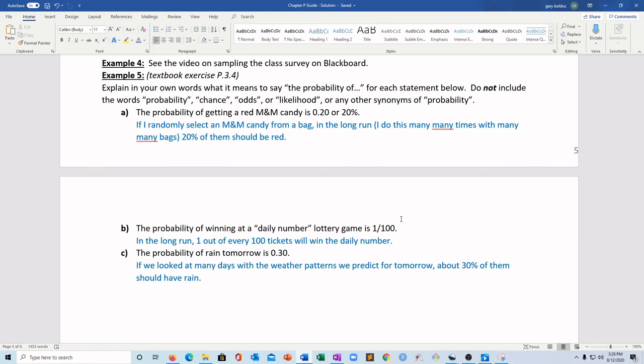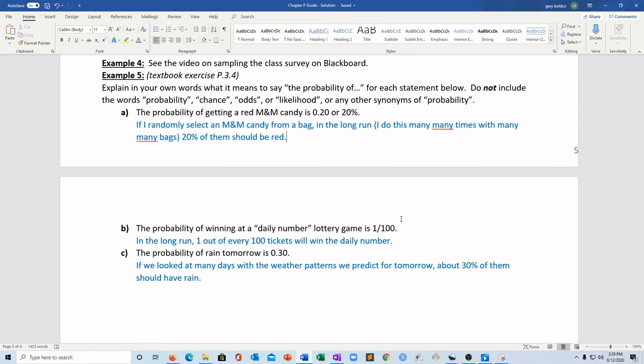That is a fine interpretation of what this sentence means. But if we're speaking strictly in terms of probability, what your probability of winning being 1 out of 100 means is that if I bought many tickets, if I bought millions of these tickets, I would expect that 1 out of every 100 tickets is a winner. That's the idea.